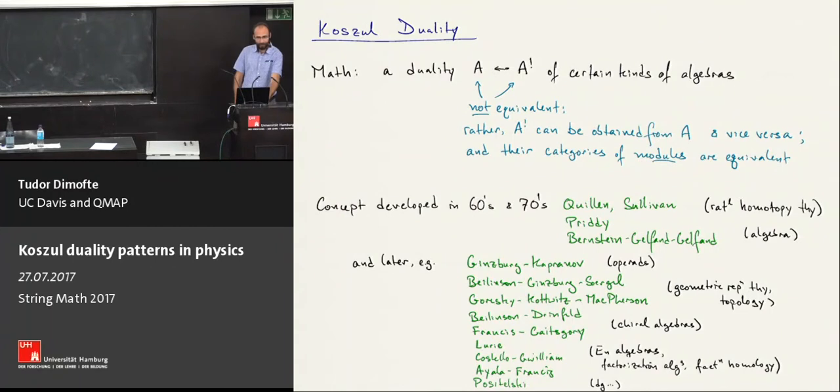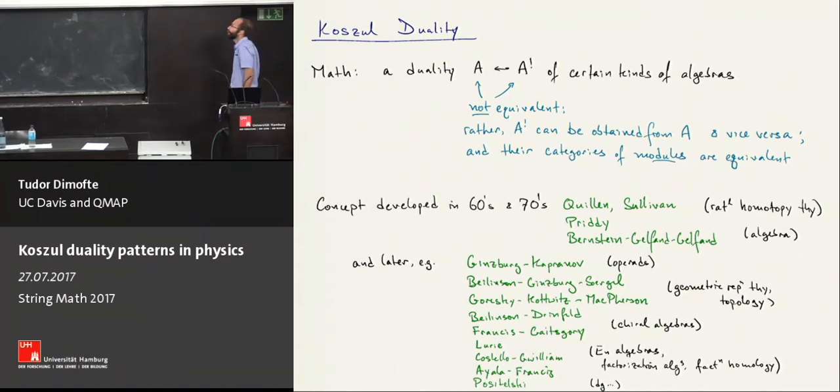As I said, this has been a really fundamental concept in many parts of mathematics. Initially, the idea arose in the 60s and 70s in rational homotopy theory, in work of Quillen and Sullivan, and was developed algebraically by Priddy.